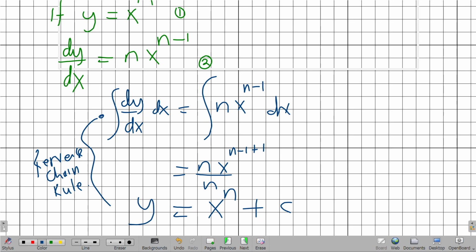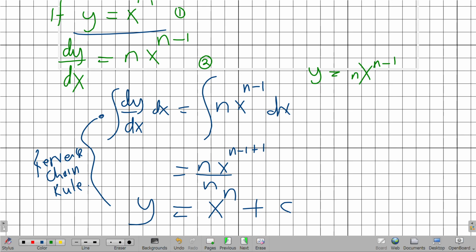You could see already that the rule of integration can be modeled based on this function, because our function just becomes f of x, which is simply x to the power of n minus 1.